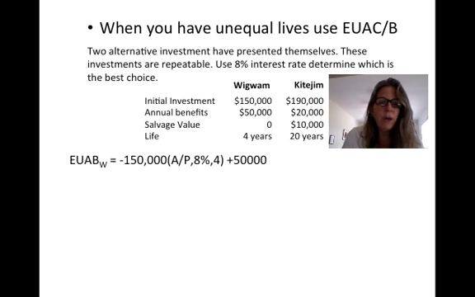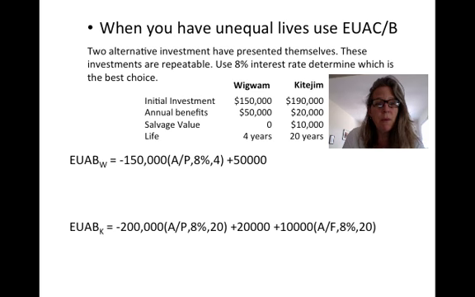So all we're going to do here is go through the calculation of uniform annual benefit for the Wigwam and then also for the kite gym. So you can see I took the $150,000 and I spread it over 4 years. I took the $200,000, I spread it over 20 years, which is the life of the project.